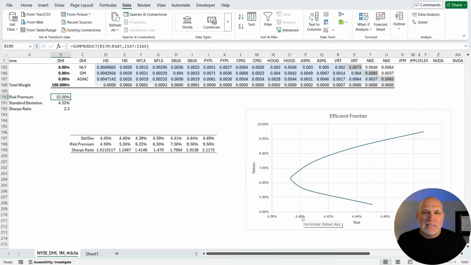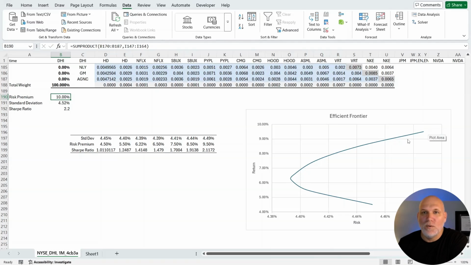While technically speaking, it looks like a whole lot more risk, it's only 4.4 to 4.49. You're taking on a little bit more volatility, so the volatility measures still aren't that big of a difference to get the little bit more return. But this is, again, for illustration. If you had 100 stocks that you were regressing and building out the variance between each other, this is how you would do it.